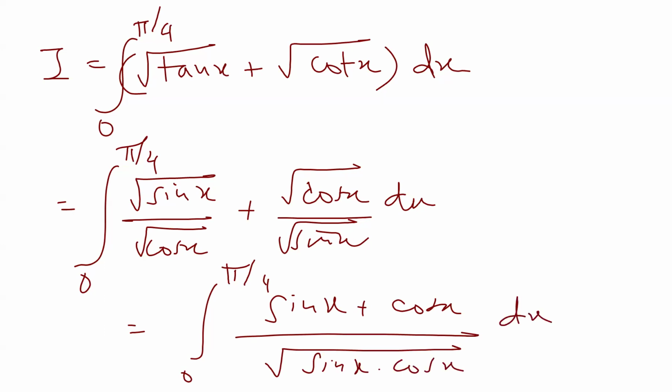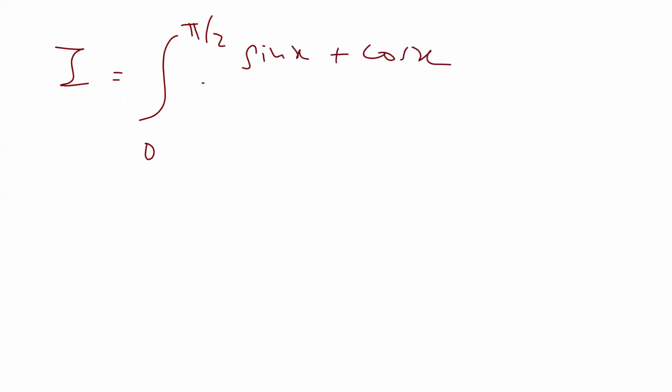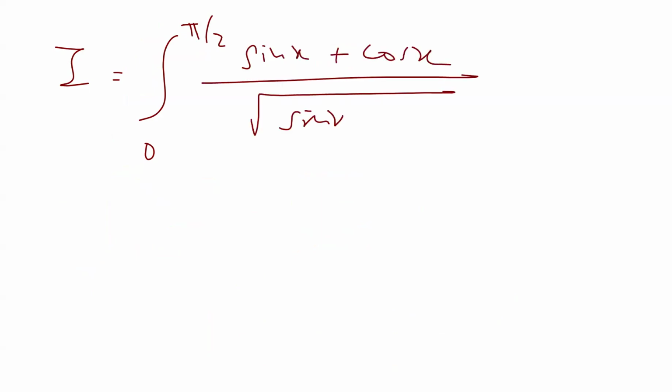Okay, I took LCM and then this into this. Roots can be multiplied. Okay, so I'll just write this on the next page. I is equal to 0 to pi by 4 sin x plus cos x upon root sin x cos x.